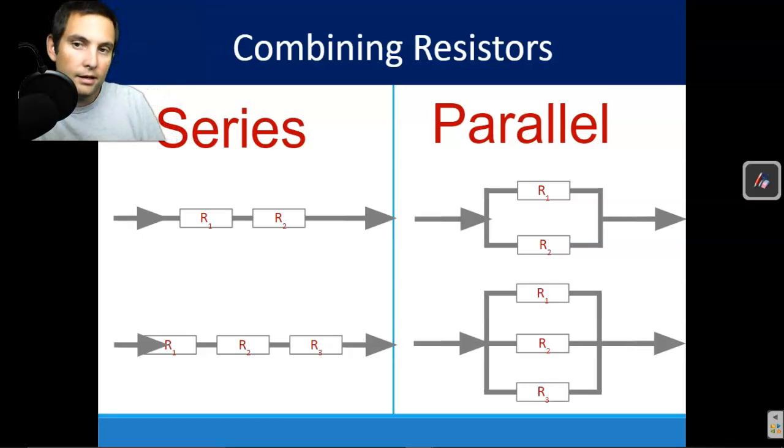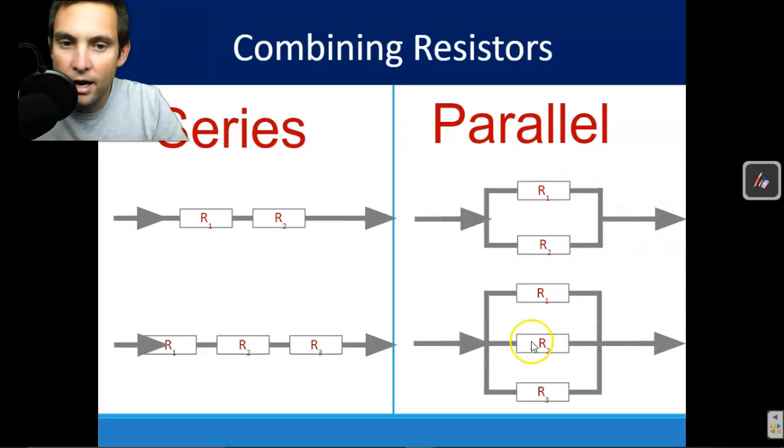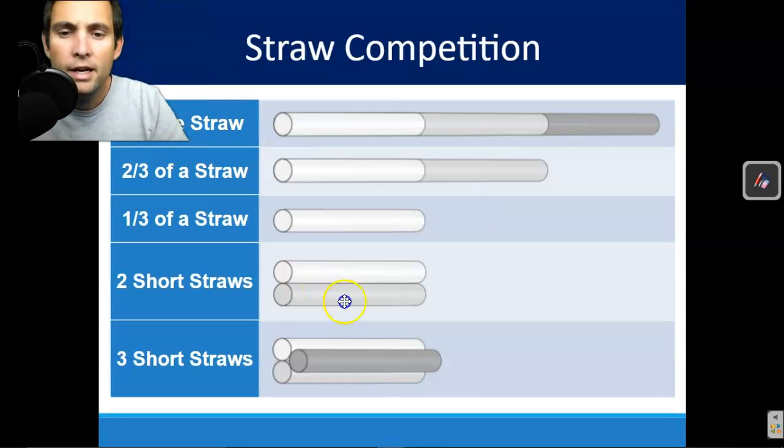It can be 10 resistors in series, it can be 5 in parallel, it doesn't matter. Either way, if there is a junction right here where the current has the option to pick one path over the other, then we call that being in parallel. Any of these junctions.